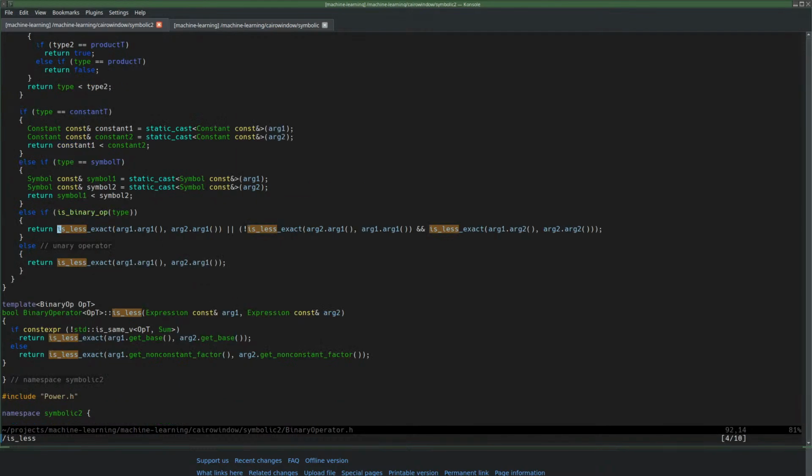It's a bloody template. So if it is a sum, we have to do the non-constant factors. If it is a product, you have to compare the bases. And if it is a power, then we should never get here, actually.